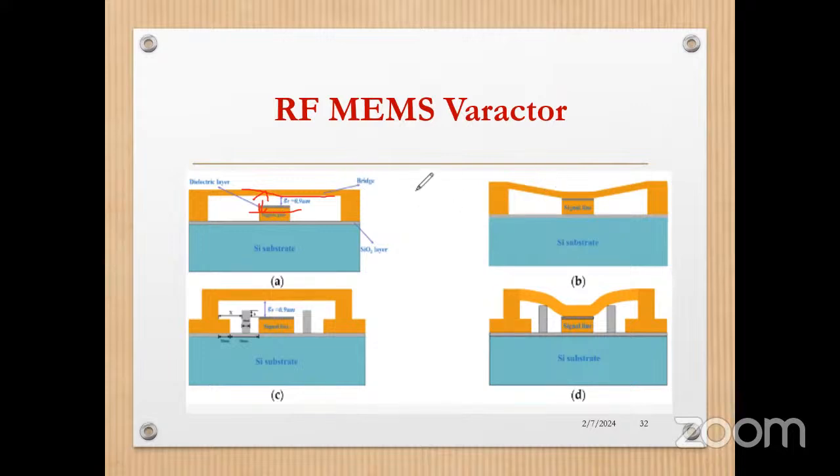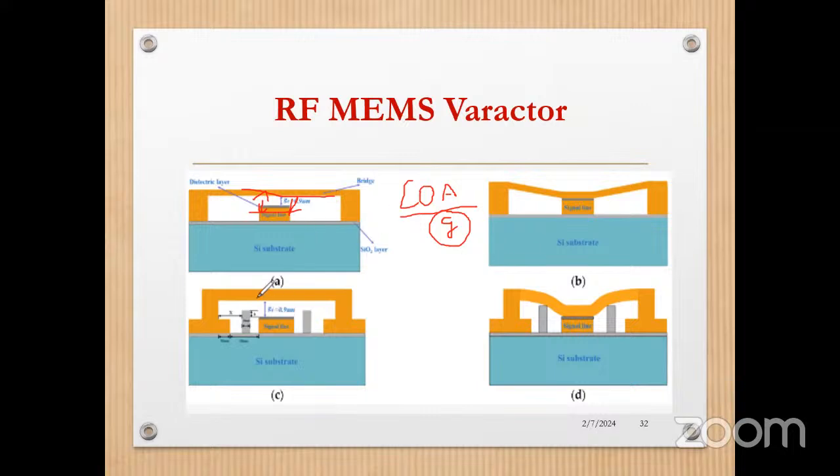So capacitance is given as epsilon naught A by G. Right. So this is the gap, and this gap is varied. So automatically there will be a change in capacitance. This change in capacitance will definitely act as a varactor.